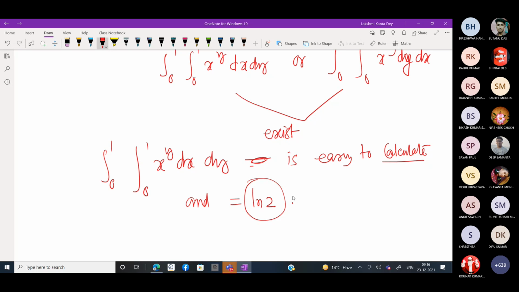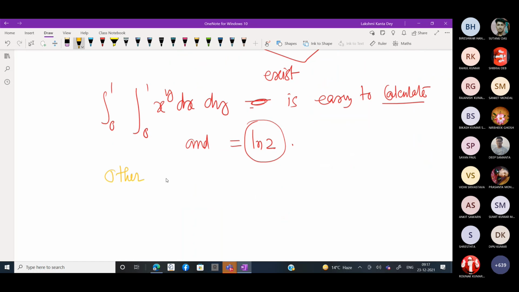If we look at the other iterated integral, so what is the other iterated integral? This is 0 to 1, 0 to 1 x to the power y dx.